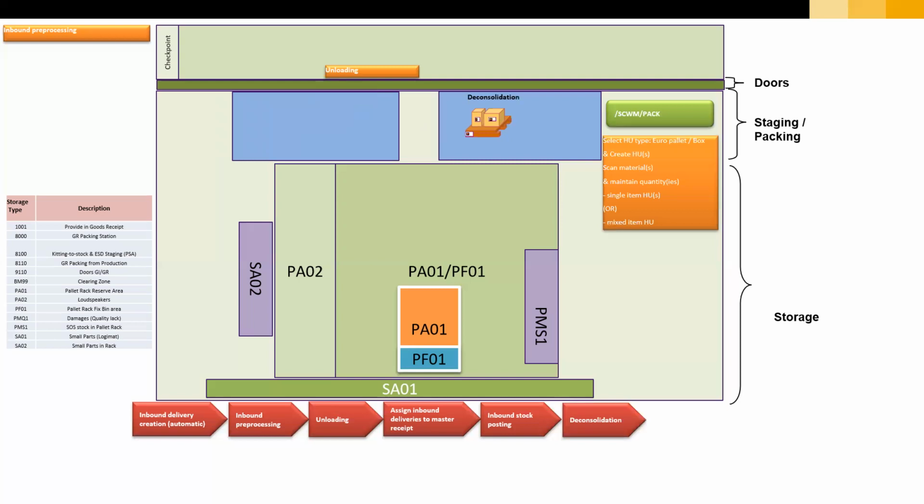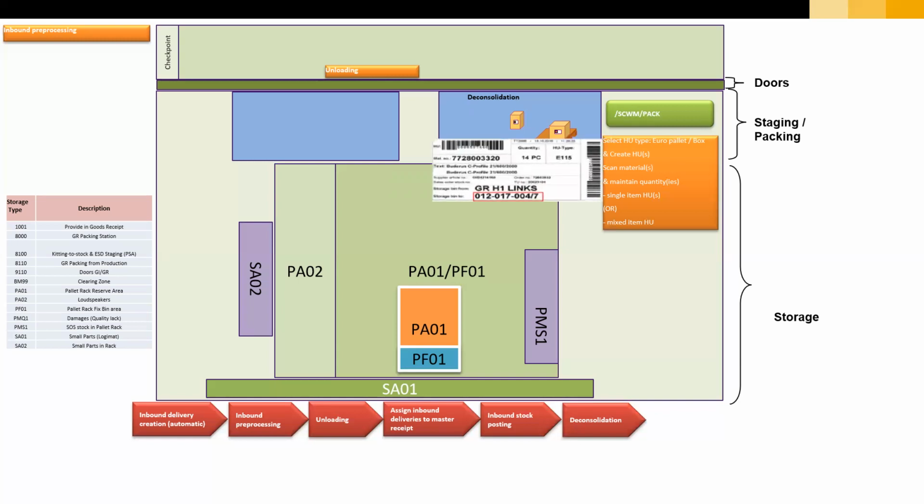There they will use the transaction code, whatever it is, to pack or deconsolidate. By using the transaction code, they will scan the product, they will scan the HUs, they will create an HU, and they will create handling unit labels. And see, they separated the deconsolidation, and you can see a label will be generated like this.